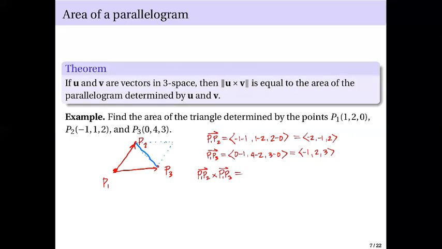Okay, so this is the determinant I, J, K. P1, P2, that's your first factor, so you will have negative 2, negative 1, 2. P1, P3, that's negative 1, 2, 3.